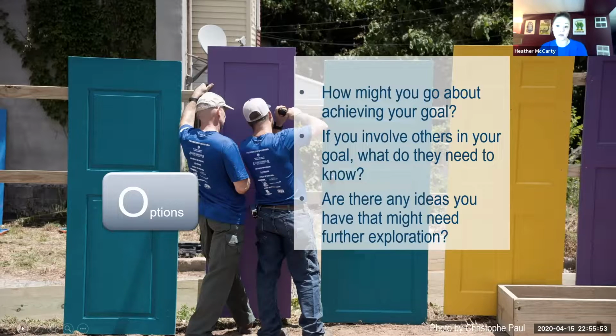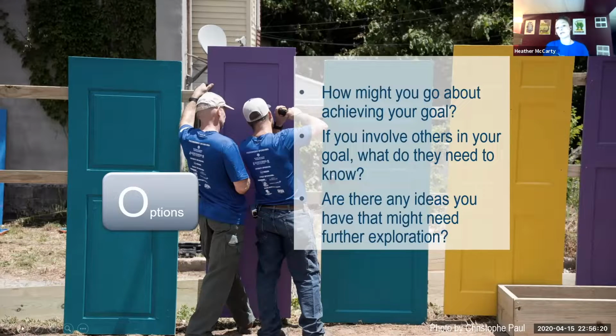Also starting to think about, if other people were involved or if other people were brought in, what might they need to know to be a part of moving this forward? Additionally, you might think about, what options have you come up with that actually might need a little more time spent on them in order to determine whether they are feasible, whether they are truly an option or not.